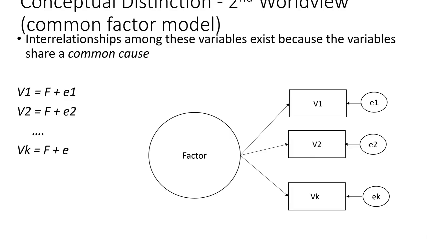So you can see on the right-hand side in the visual depiction are shown the error terms. And the reason we switched the equation around is to show that we're not saying that the factor now is a function of the underlying variable. We're saying the variable is a function of the underlying factor.